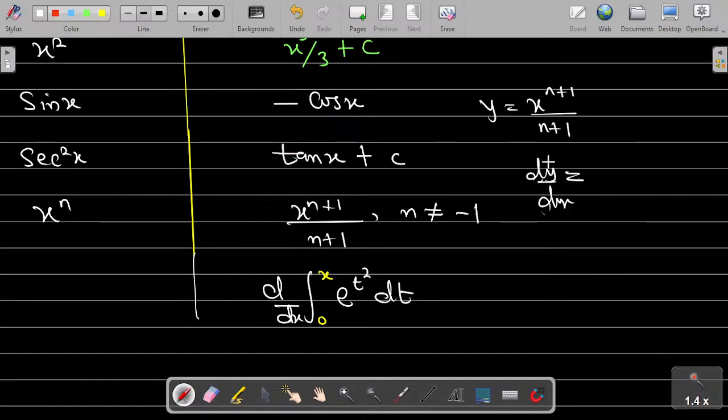The power will come down to multiply, that's n plus 1 will multiply x raised to the power of n plus 1, and then you subtract 1 from the power, and then remember that there is an existing fraction there, which is n plus 1. So what will happen now is that n plus 1 will cancel n plus 1, and then 1 here will cancel 1 here. So you only have x raised to the power of n.